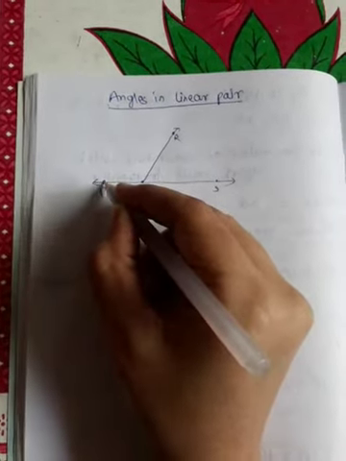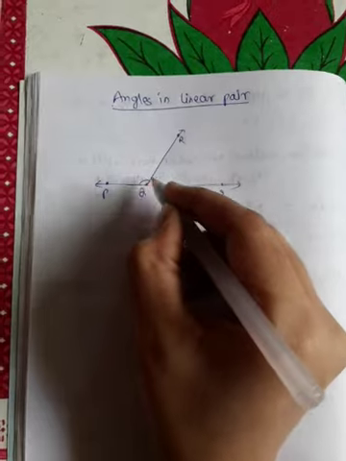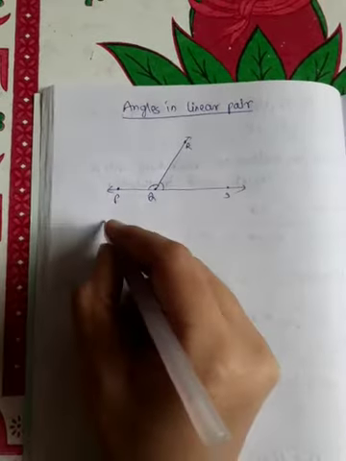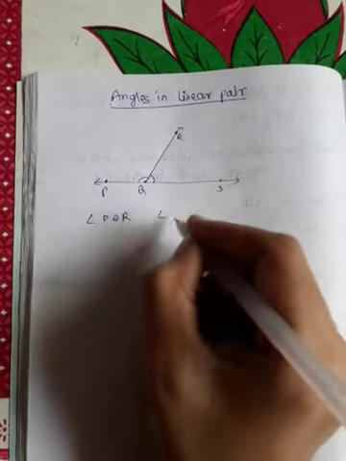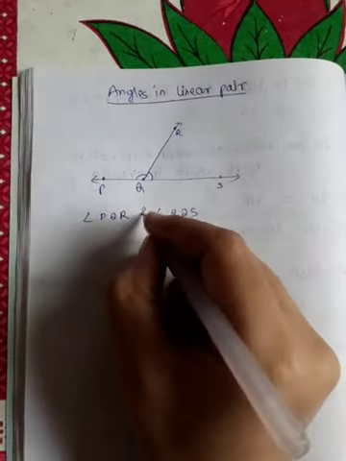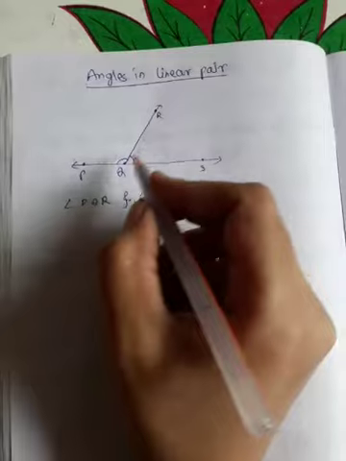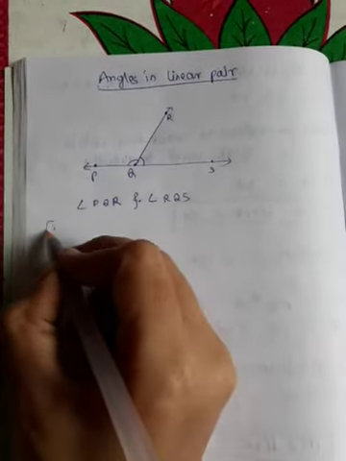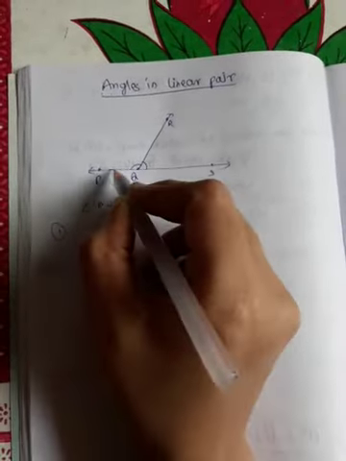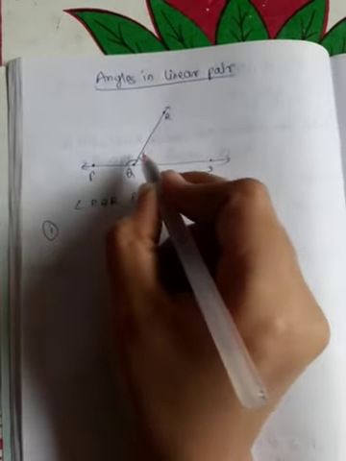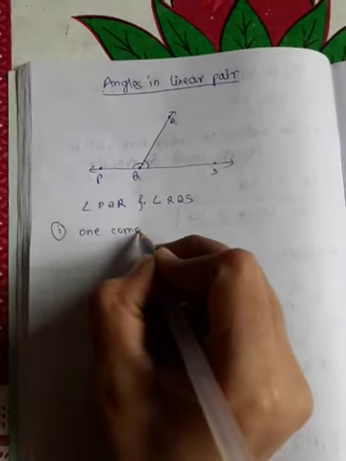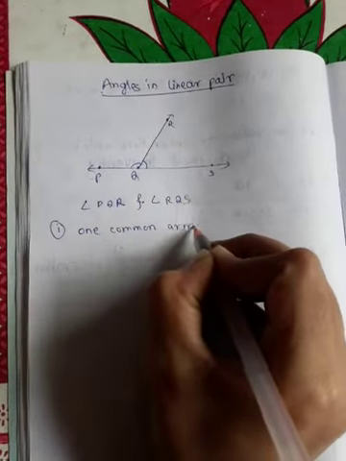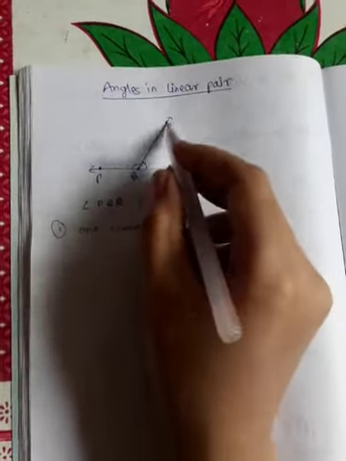See, there are two angles formed, angle PQR and angle RQS. Okay, and see, these two angles have one common arm, and that common arm is RQ.